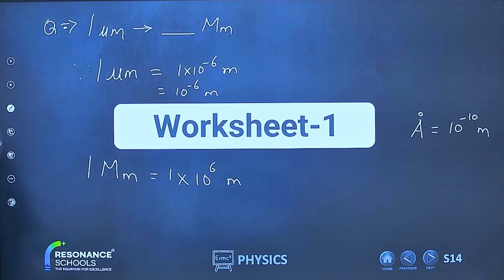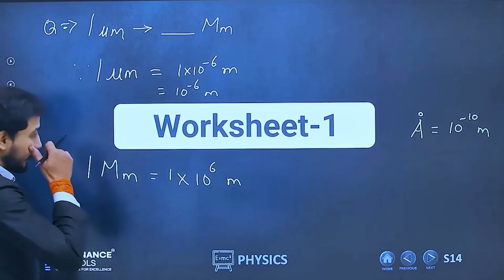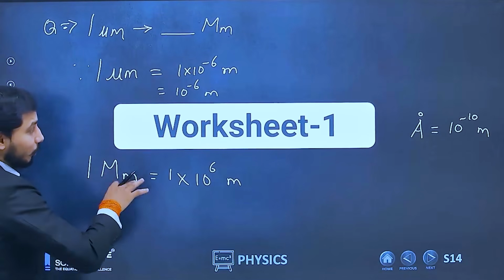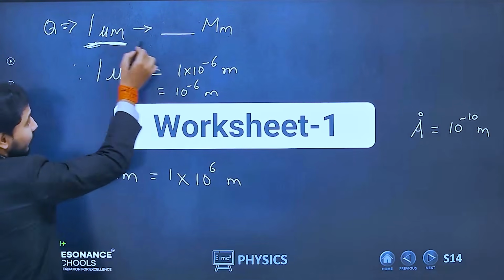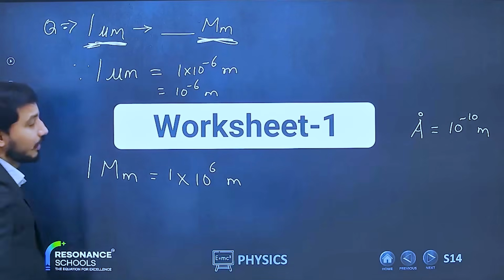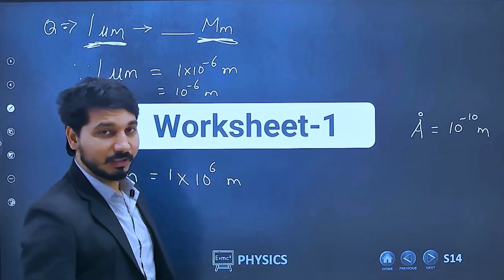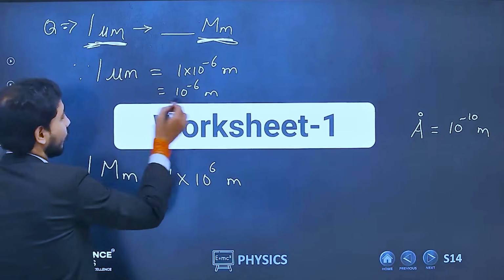Okay. So if mega is 10 to the power 6, now listen, what we have to do? We have to convert micrometer to megameter. For converting micrometer to megameter, we have converted micrometer to meter.